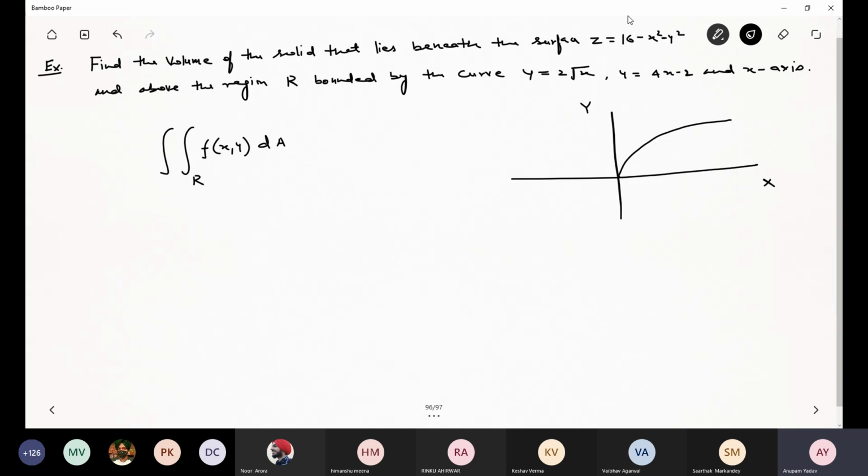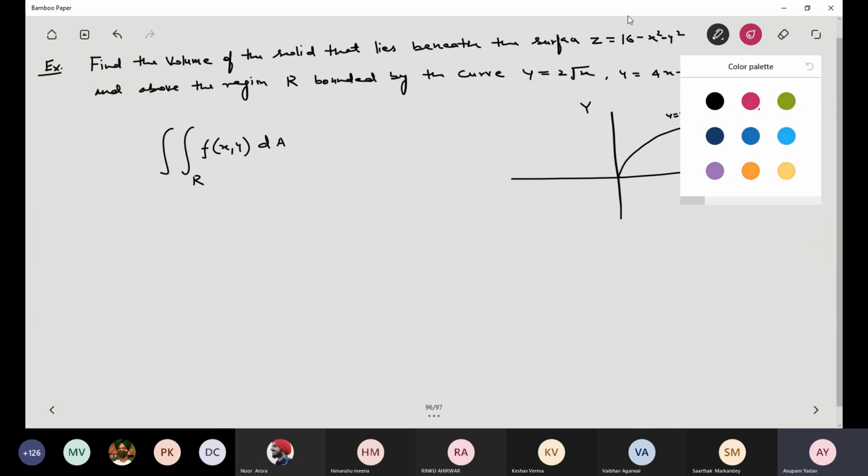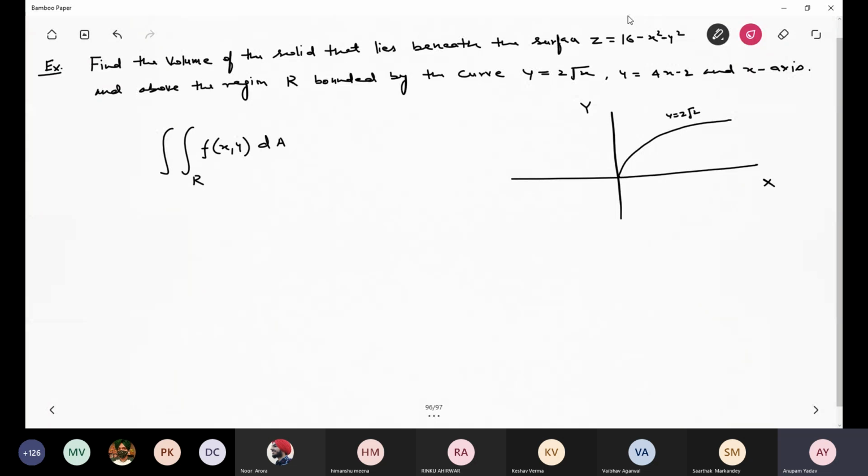Then we have a straight line y equals 4x minus 2, and we can remove this part.